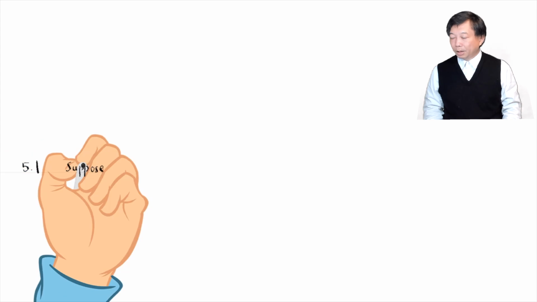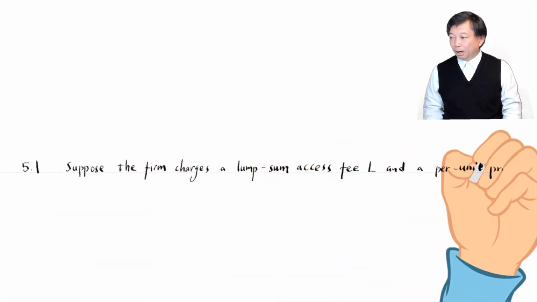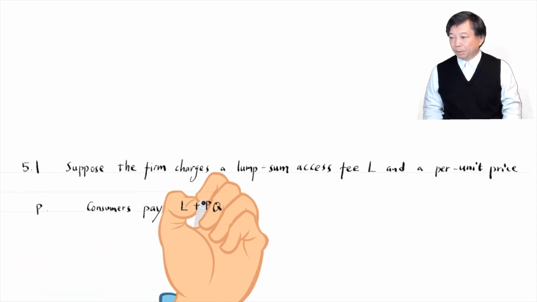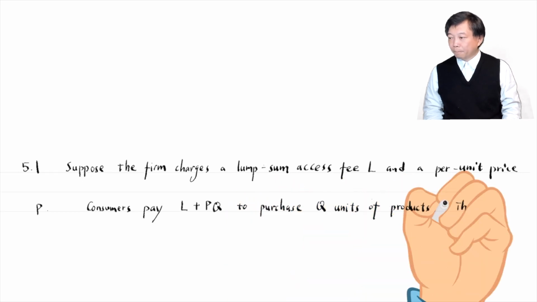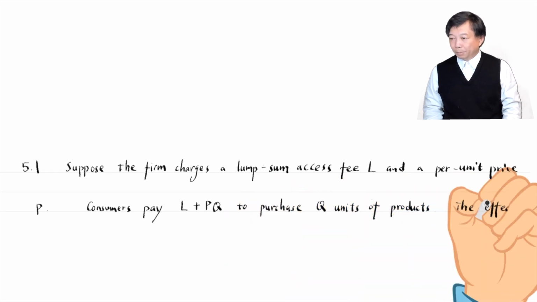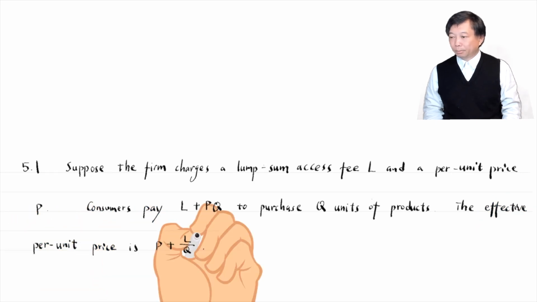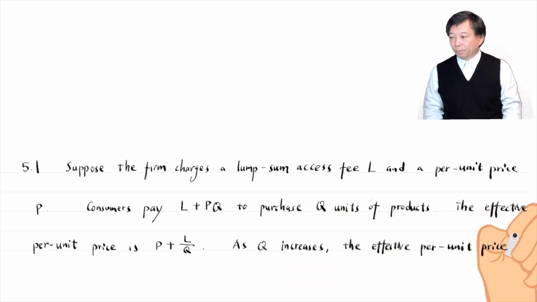Suppose the firm charges a lump sum access fee, L, and a per unit price, P. Consumers pay L plus P times Q to purchase Q units of product. The effective per unit price is P plus L over Q. As Q increases, the effective per unit price decreases.